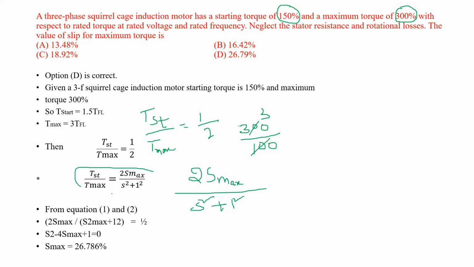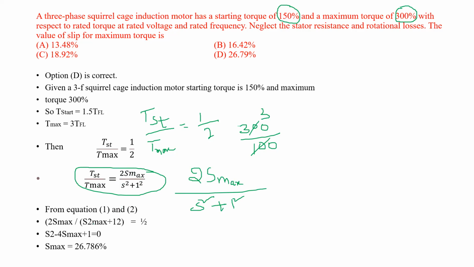This equation we have not derived, but we have to remember it. It is the ratio between the starting torque and the maximum torque in terms of slip.